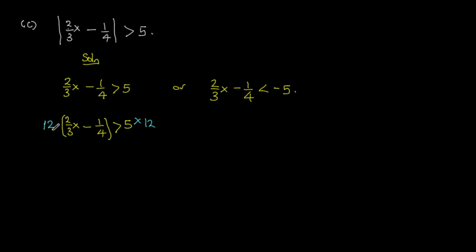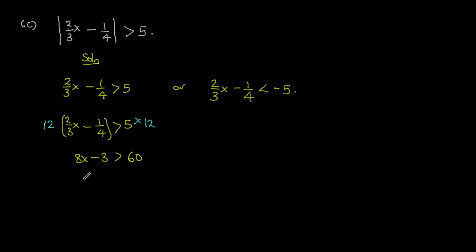So we shall have 4 times 2, we get 8, so here we have 8x. Now 12 times 1/4 goes to 3. So we have minus 3 is greater than 5 by 12, which is 60.